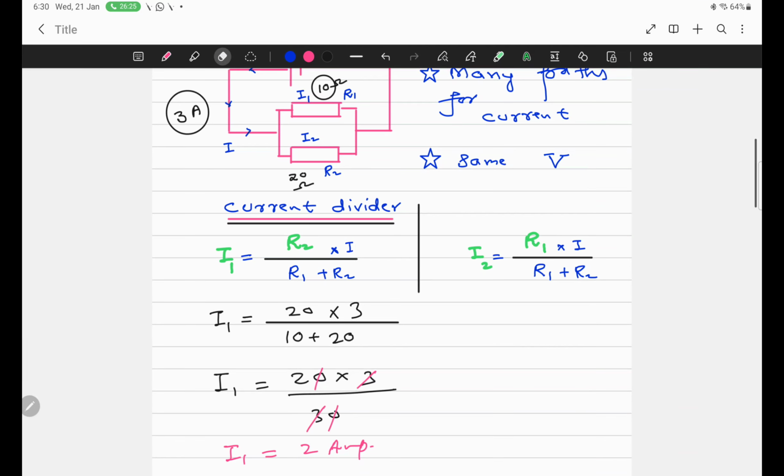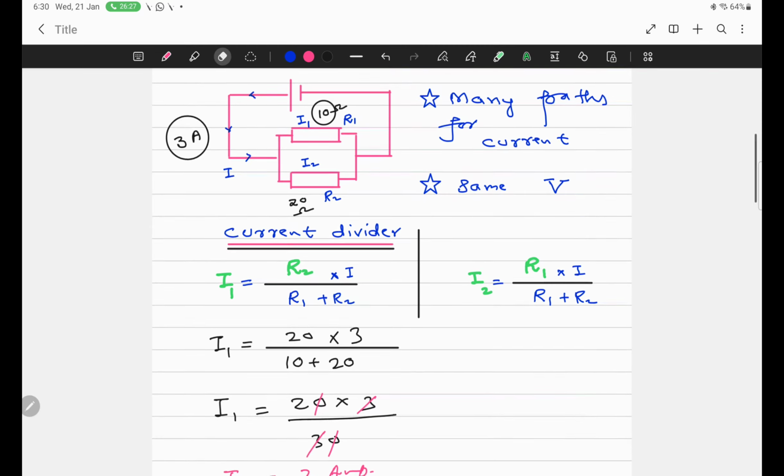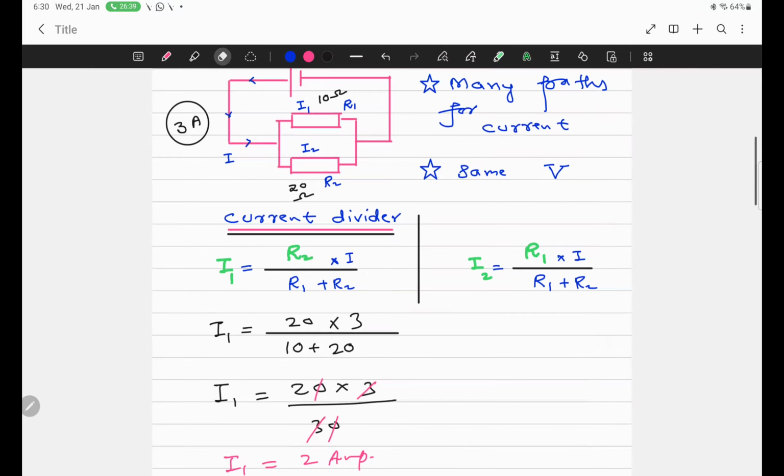But Simra, current is not divided into resistors in the same ratio. You said 1.5. It means you are dividing half the current in each. It is wrong. Current is divided according to their resistance ratio. If the resistance is low, there will be greater current.